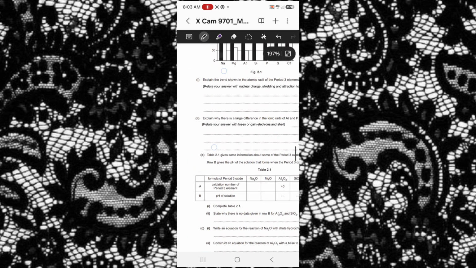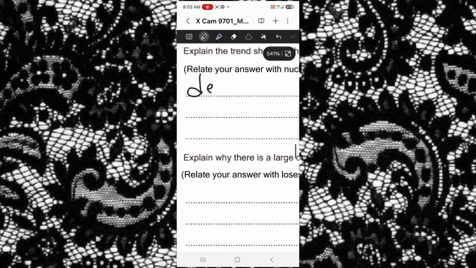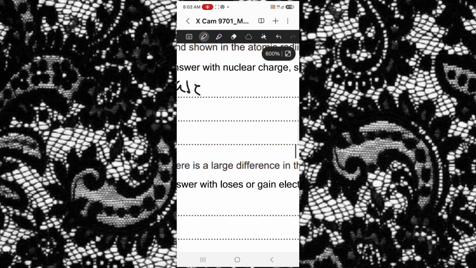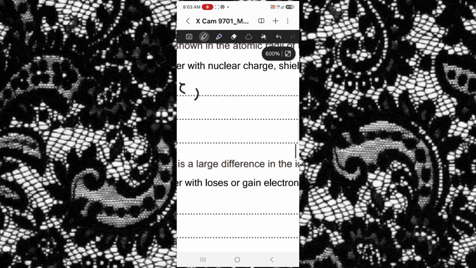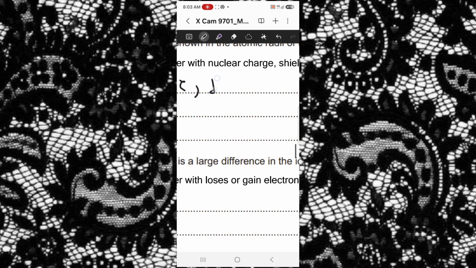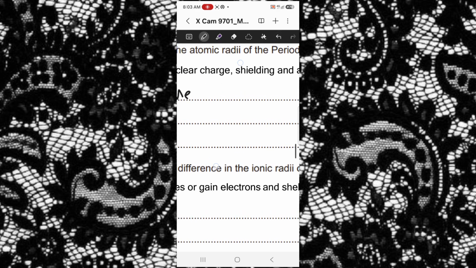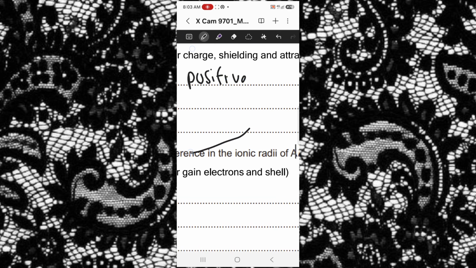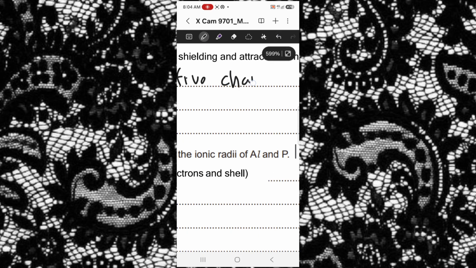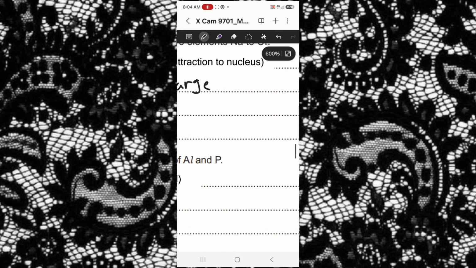So it's decreased because when we go to the right, the positive charge is increased. The proton number is also increased.